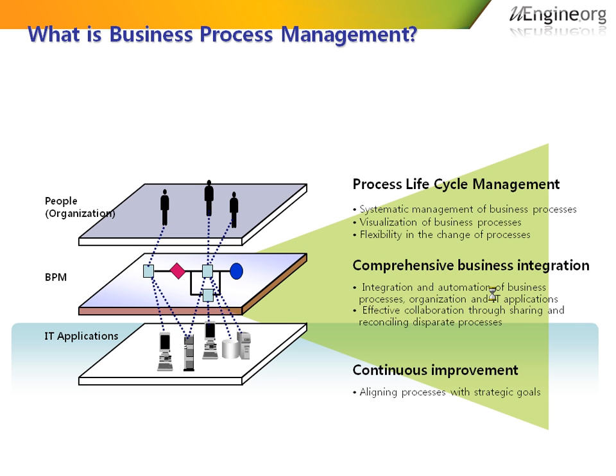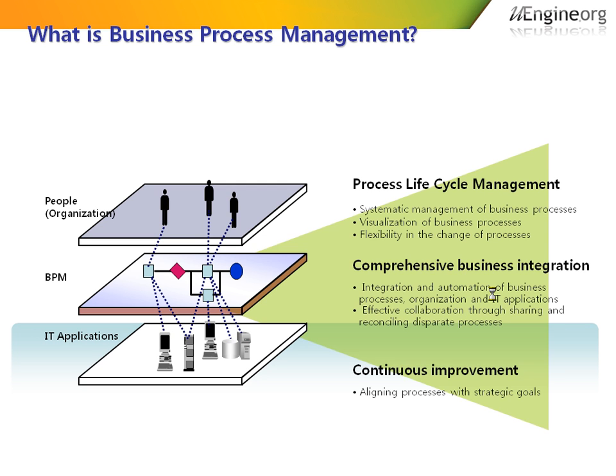So on this page, I will explain what business process management itself is. You see the people, the BPM and the IT applications on the left side of the page. BPM is located in the core part between the people, meaning the organization, staff or employees, and the IT applications, as we have seen on the former pages.